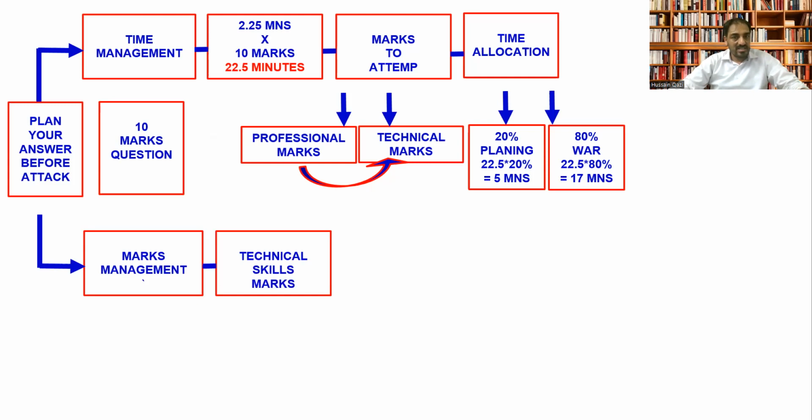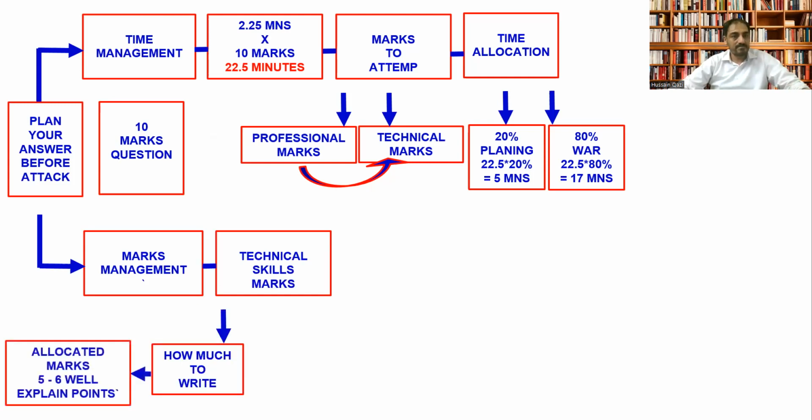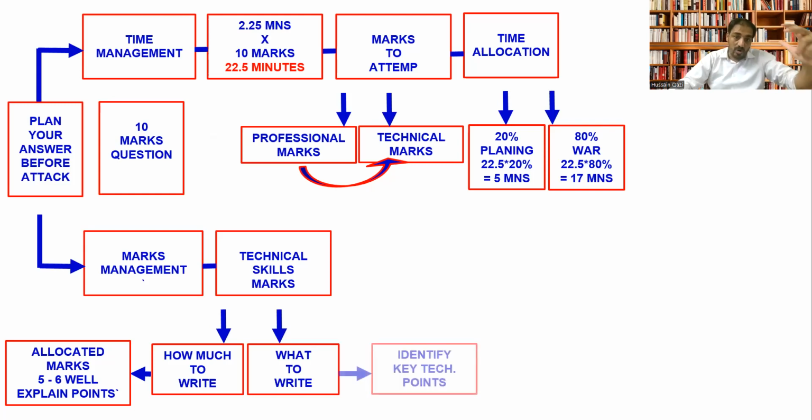For 10 marks, the technical skill marks, how much to write? For 10 marks, I have to mention 5 to 6 well explained points. Then think based on the requirement what to write, and identify the key points.